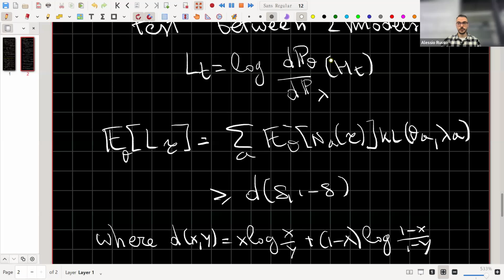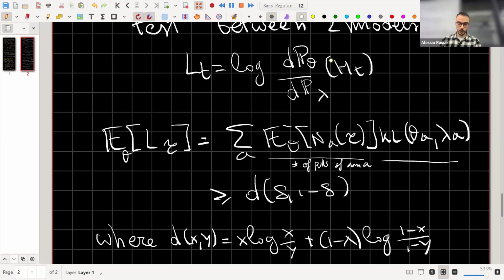When we take the expectation of this log likelihood ratio, we also have a very nice property called the chain rule, which allows us to write the expected value as a sum, over actions A, of the number of times we have chosen action A up to time tau, times the KL divergence between the Gaussian of parameter theta A and the Gaussian of parameter lambda A. This is the number of pulls of arm A. And this is the KL divergence, which is a measure of how far the two distributions are.